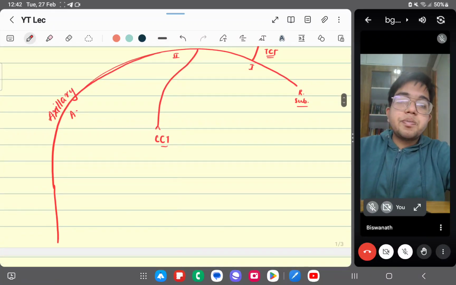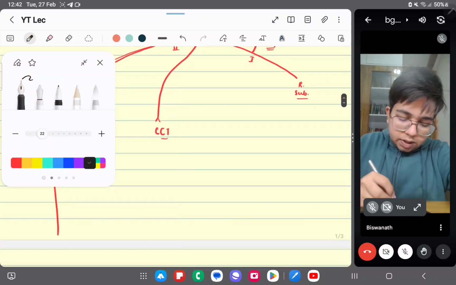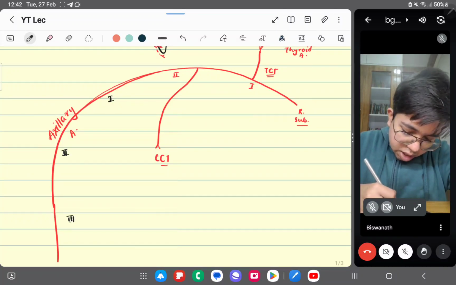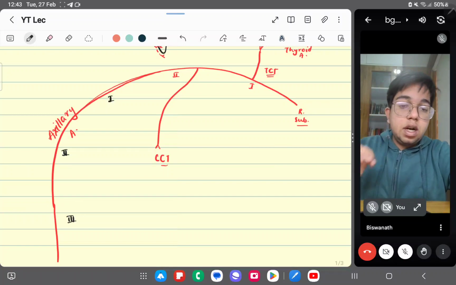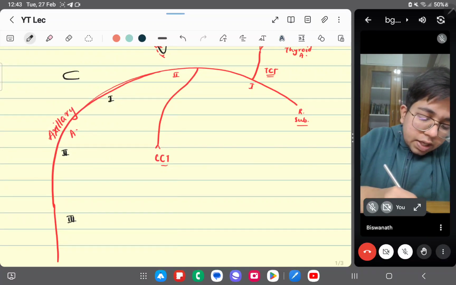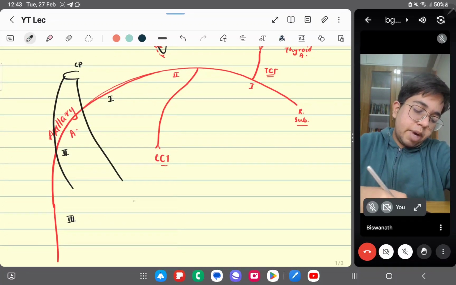Understood? Okay. So axillary artery, again, it has three parts. You know about this first part, second part, third part. The second part is deep to which muscle? Yes, pectoralis minor. So let's say if this is the coracoid process, this must be the pectoralis minor muscle.